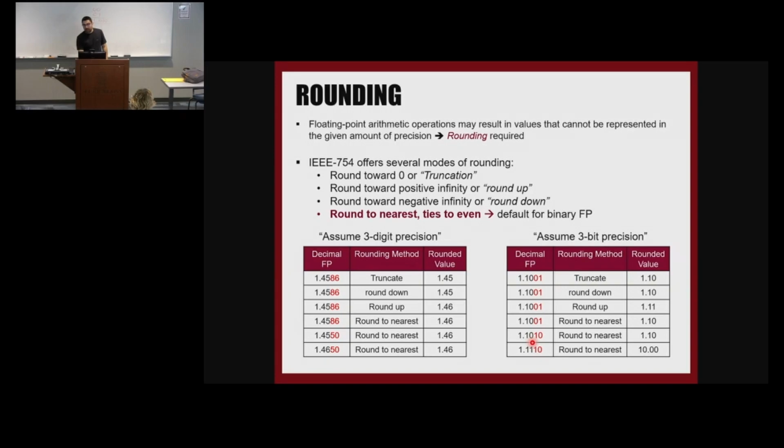We happen to have 0 here, so we're good, and this is going to change to 1.10. Now, if we had 1.1110, okay, so this 10 is a tie again. Now, because this is a 1, we add a 1 to it to make it even.